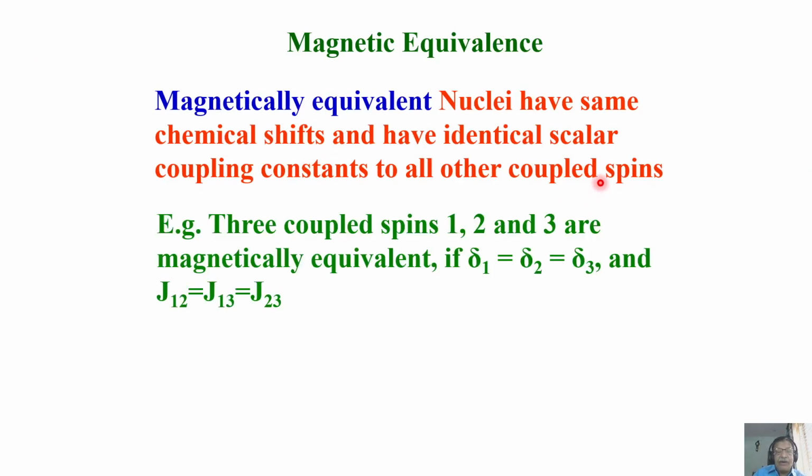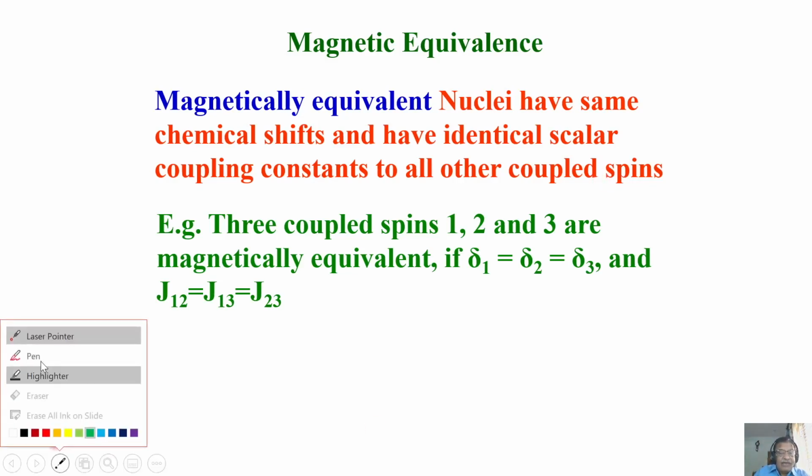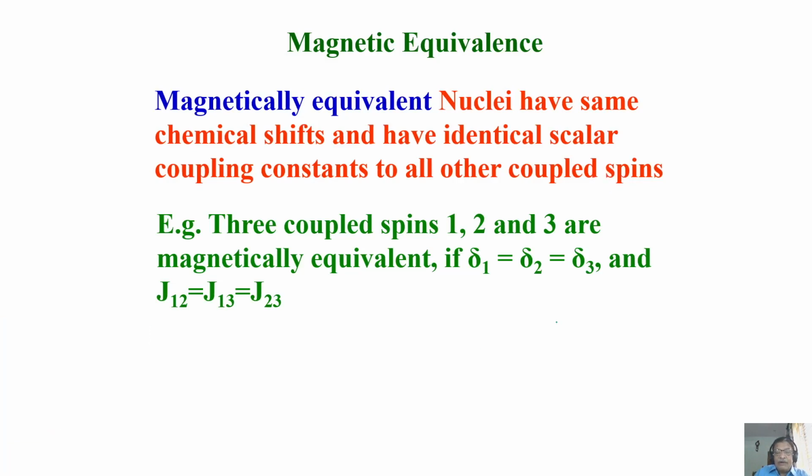That is magnetic equivalence. Say, for example, I have three spins, 1, 2, and 3. Let us assume the chemical shift is the same. It has to be chemically equivalent.